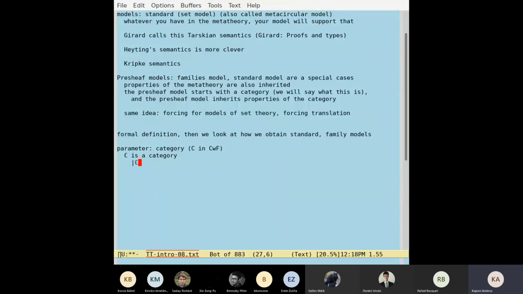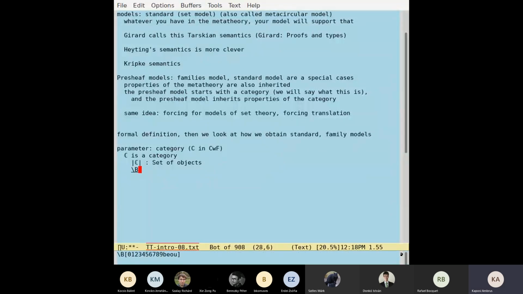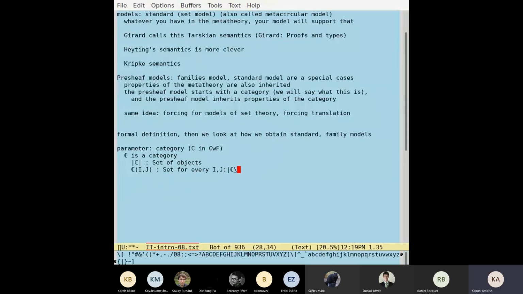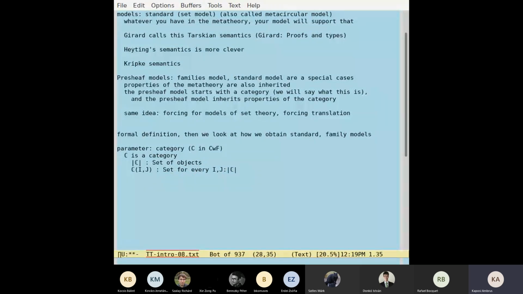We have this bar C, which is a set of objects of the category. Then we have C(I,J), which is a set for every I, J in C. So for every two objects, we have a set of morphisms between them.